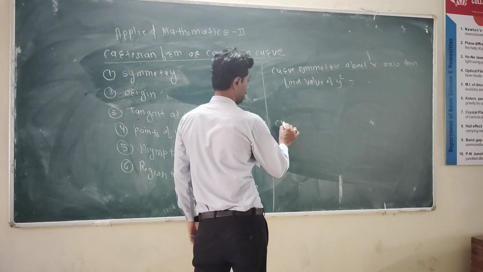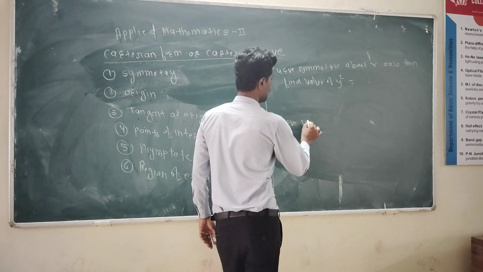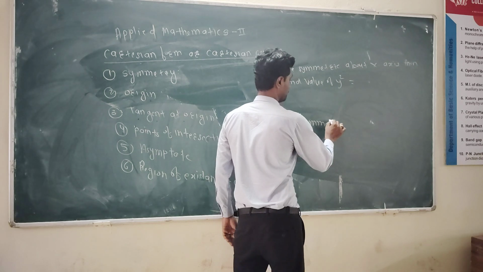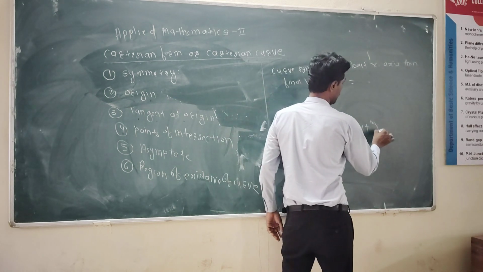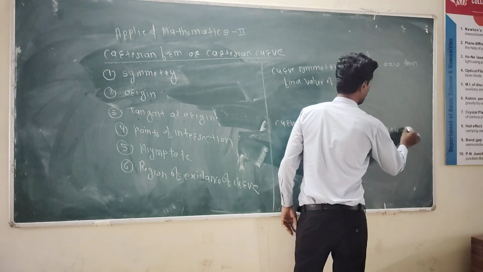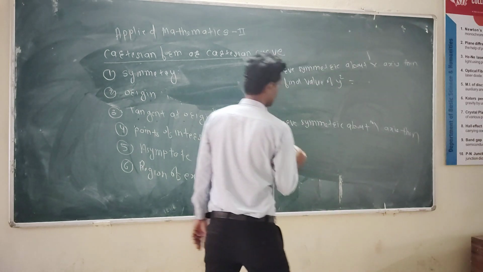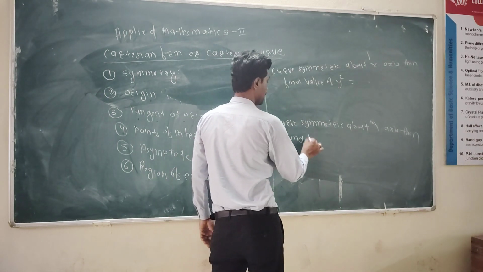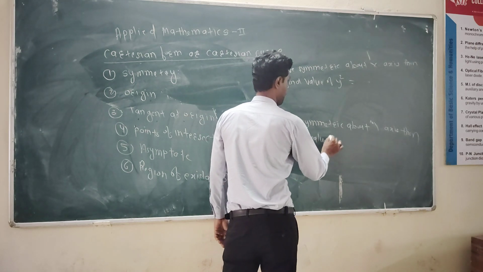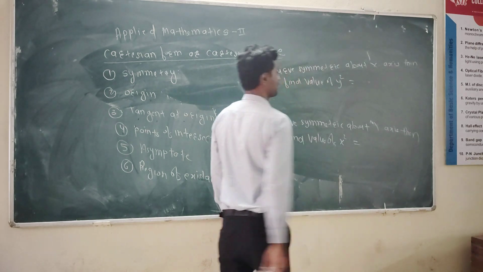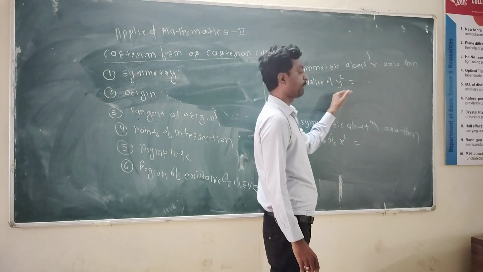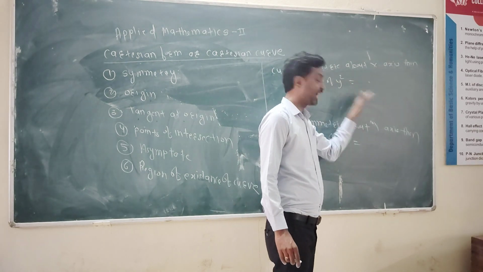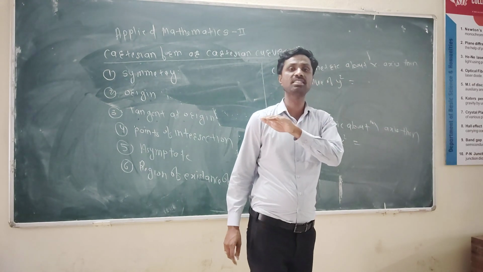Similarly, if the curve is symmetric about the y-axis, then find the value of x square. After finding the value of y square, just finalize the region.